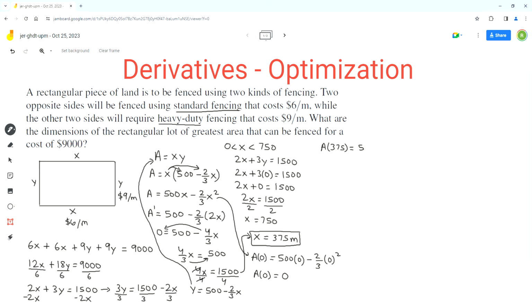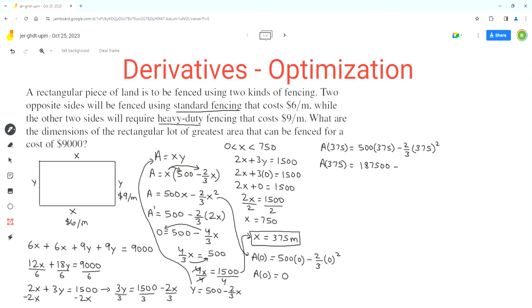Now we can calculate the area at x equals 375, so we'll use the same equation. So 500 times 375 minus 2 over 3 times 375 squared. And now we can evaluate this expression. So 500 times 375 is equal to 187,500, and then minus 2 over 3 times 375 squared.